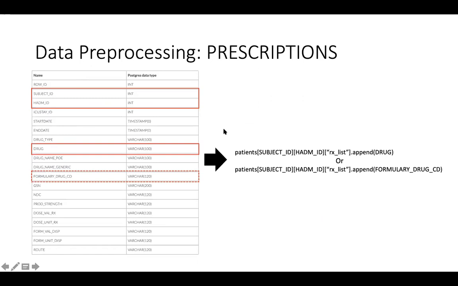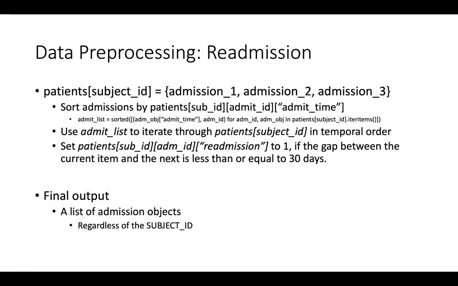And using those 3 codes, we populated 3 lists, and finally we sorted the second inner dictionary, which are the admissions per patient, so that sorting them by the admit time would allow us to figure out which admission becomes a positive case for readmission.